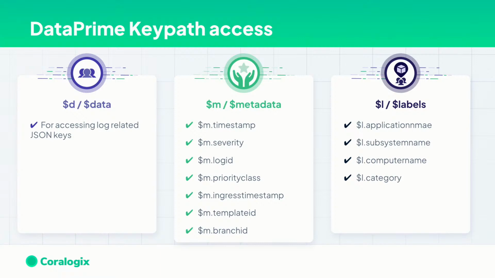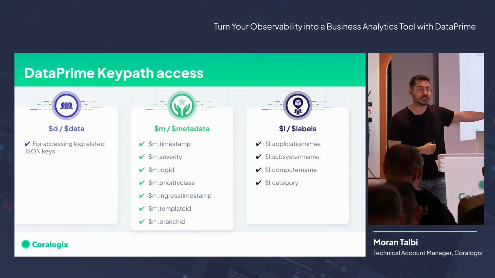Then we have the metadata. Metadata is generated by CoreLogics and can be accessed with the $M or $metadata, it's just the same. So we have a timestamp, severity, log ID, priority class, which actually tells you if your log is high, medium, or low, frequent search, monitoring, or compliance. Ingress timestamp, right?